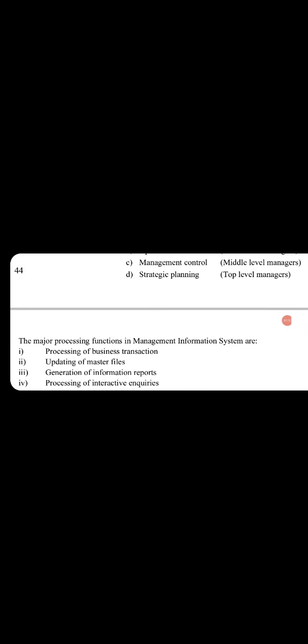So the major processing functions in management information systems. So what are the major processing functionalities in management information system? First one is processing of business transactions. Second one is updation of master files. Third one is generation of information reports.